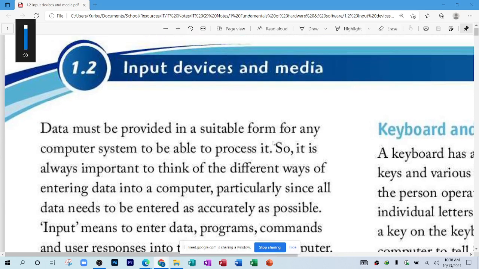Just one quick question before we begin. When it comes to input devices, there are two types of input devices. Can anybody tell me what the two types are that we're supposed to be looking at? Anyone?